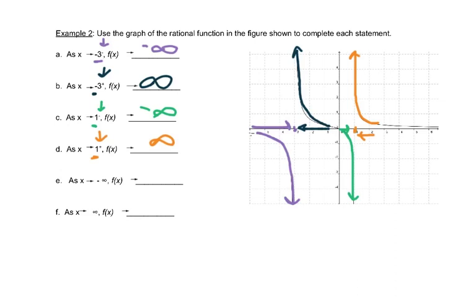So the next one is saying x is headed towards negative infinity. So that would be x going out this direction. So as I follow the graph out that direction, it's getting closer and closer to the x-axis, which is where y is equal to 0. And you can see each time it says f of x is going towards something. Remember, f of x is the same thing as y.